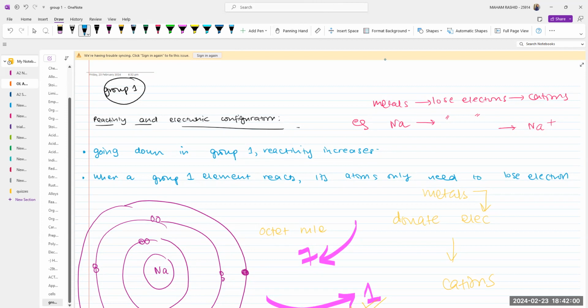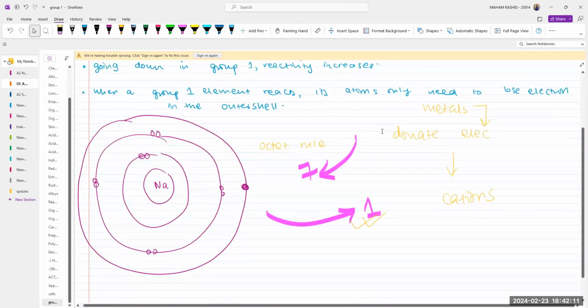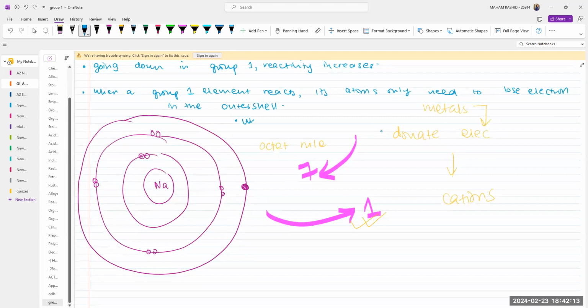Only need to lose 1 electron in the outer shell. And when this happens, +1 ions are formed.